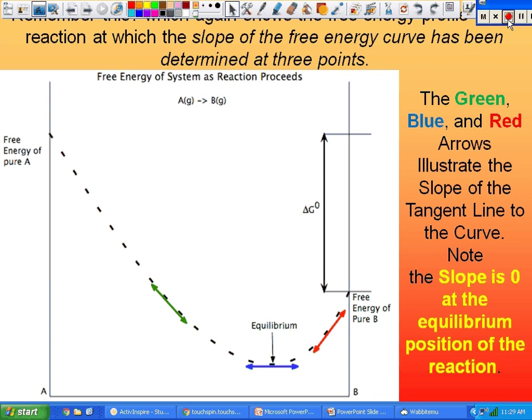All right, so the key part about this one, we've already seen this. At the blue line, down here at the very bottom, what is the slope of that line? 0. Well, what do we know about delta G at equilibrium? That's why. So you can determine the value of delta G by the slope of the line. And again, this is graphical interpretation. This is a very in-depth thought process.